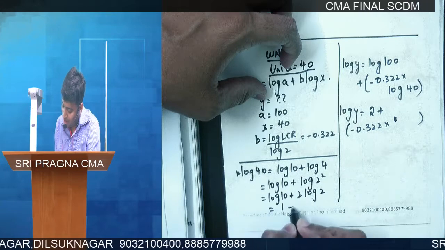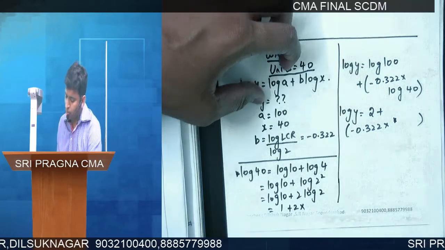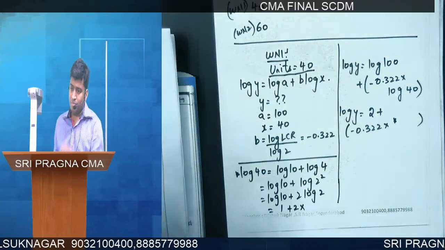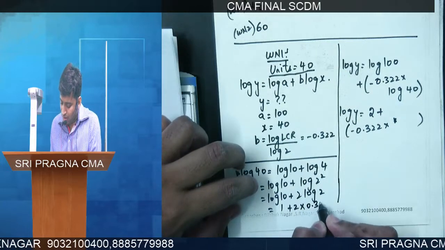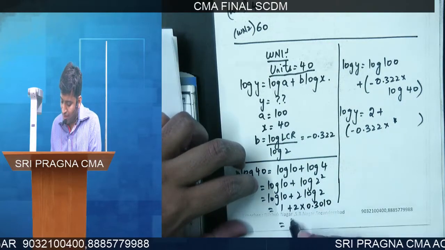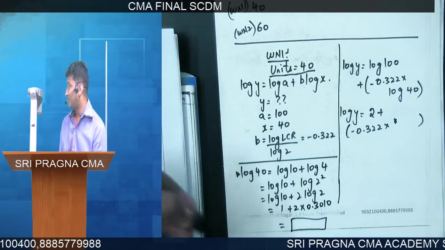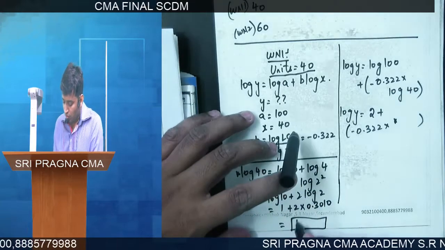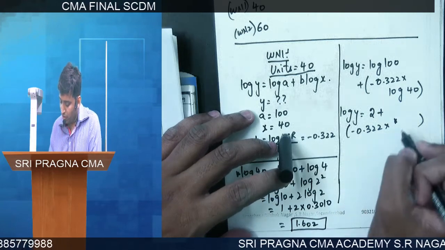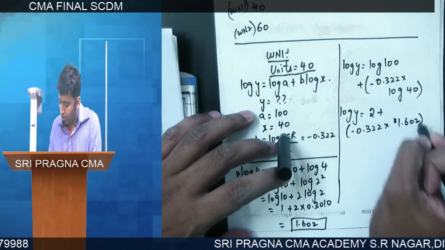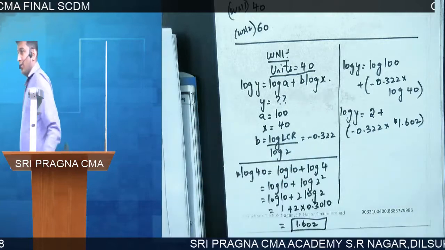Log 10 is 1, plus 2 into log 2, which is given. Please multiply and give me the answer. Plus 1. It is 1.602.